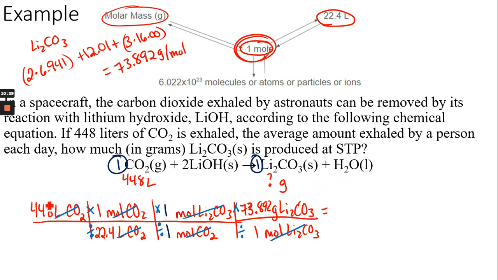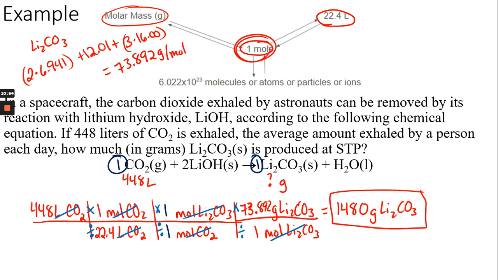We need 3 significant figures based on the given. I know your calculator tells you 1,477, so we're going to round that to 3 significant figures: 1,480. Without a decimal, the zero is not significant. And so that would be grams of lithium carbonate.